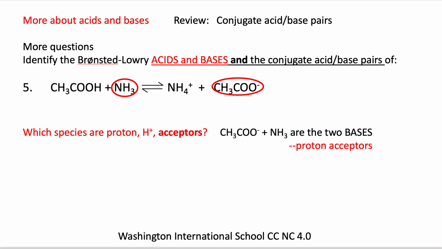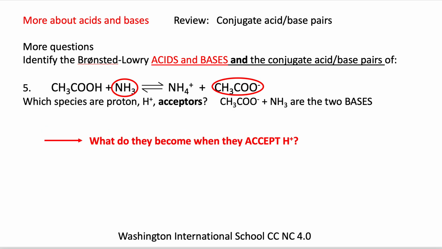And the answer is just written there. And then what do those 2 species, ammonia and the ethanoate ion, become when they accept a proton? So pause while you write the answer to that one.